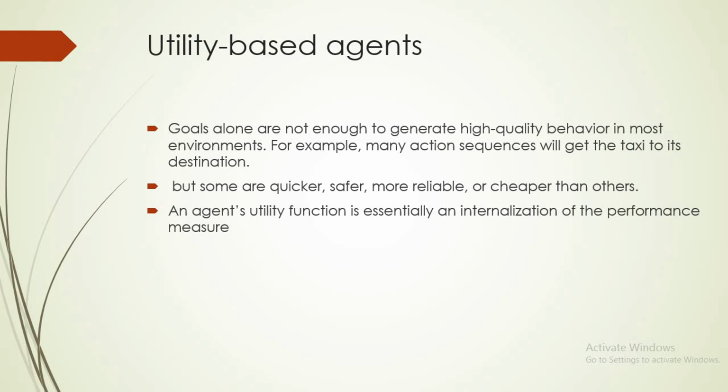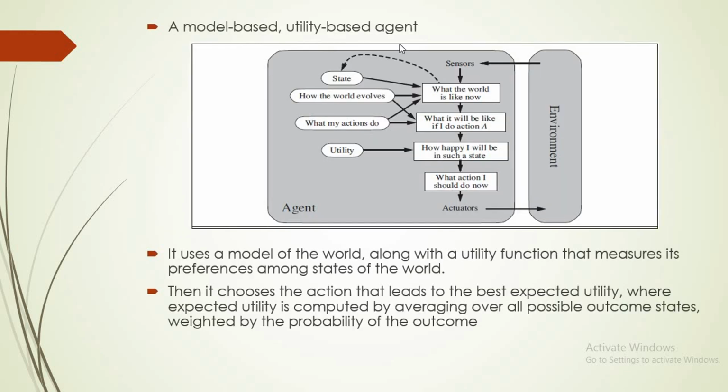So we come up with what we call a utility function. The agent's utility function is essentially an internalization of the performance measure. So we want to improve or maximize the performance of the agent, which we talked about initially.